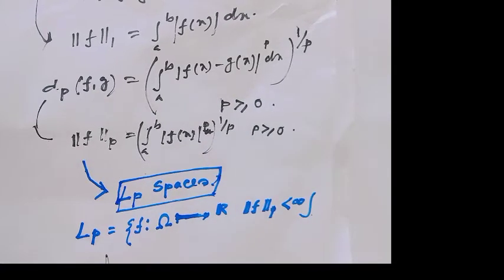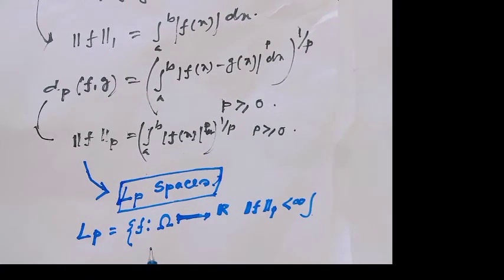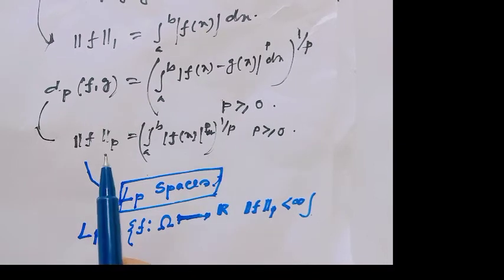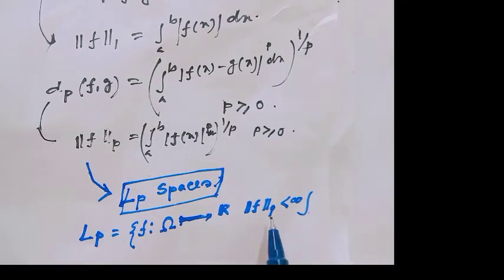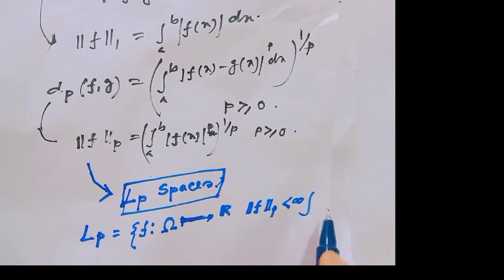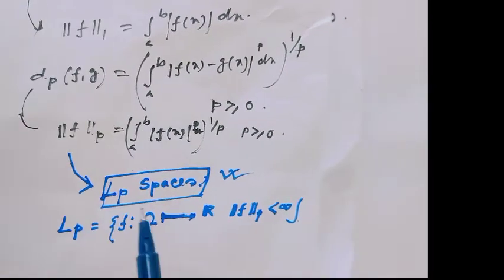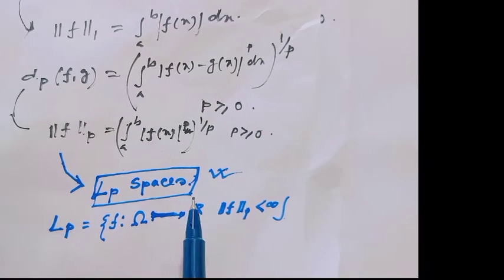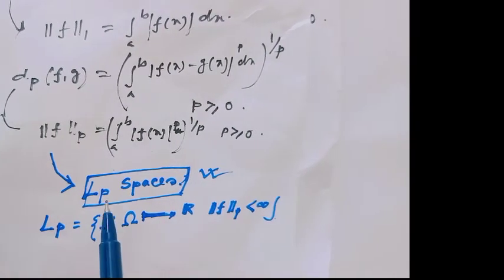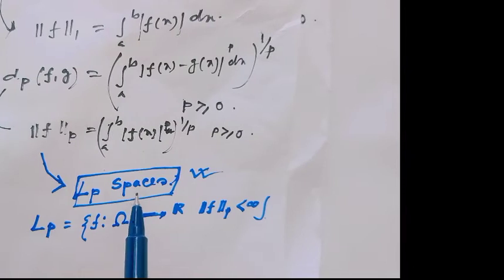Capital Lp space means the set of those functions for which this norm is finite. This space is very important for higher study. One thing is very noticeable here: this is capital Lp space, not small lp.